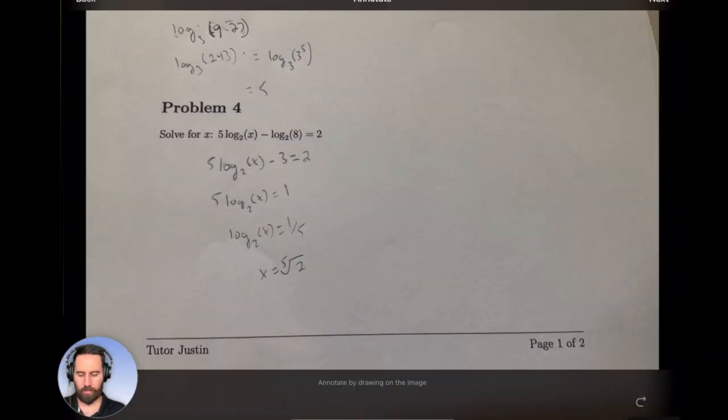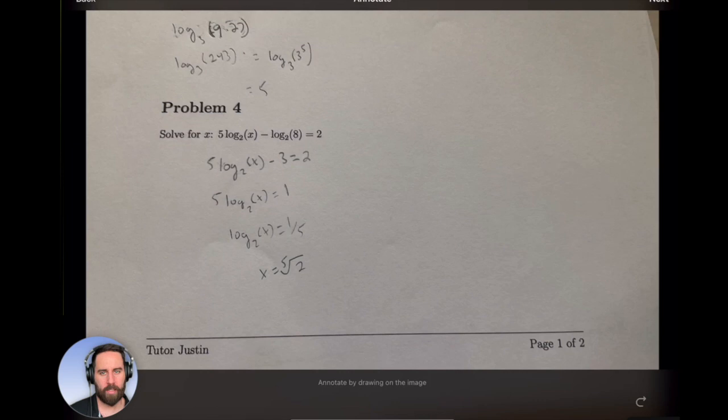So this one, I have x equals the fifth root of 2, and I'm looking at that and I'm like, I know this isn't right. I'm not sure where I went wrong.